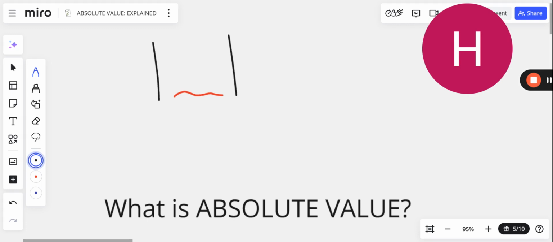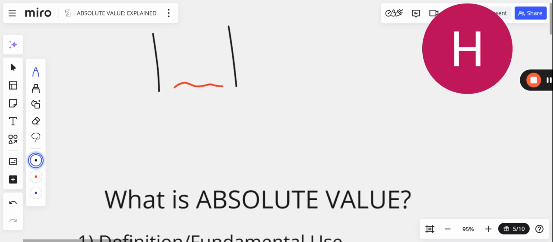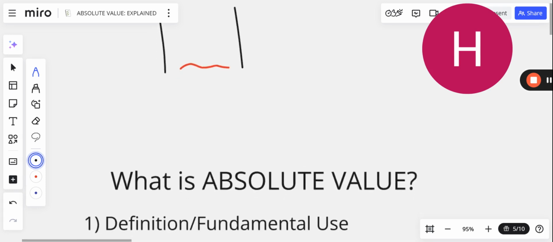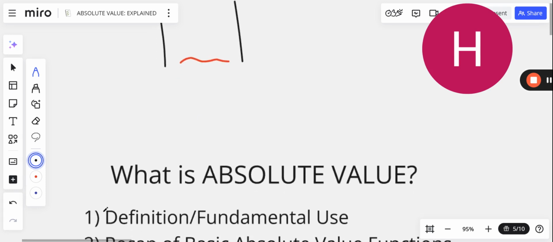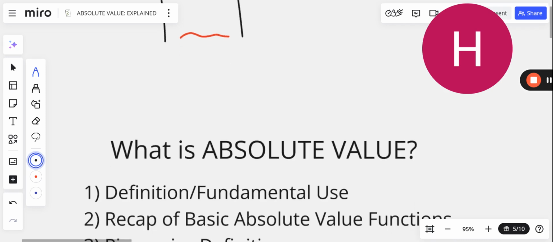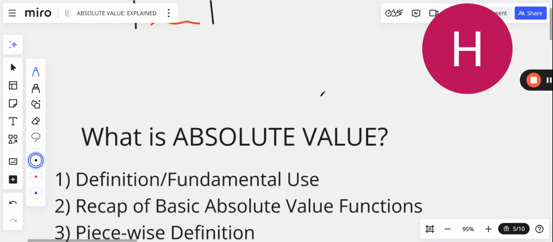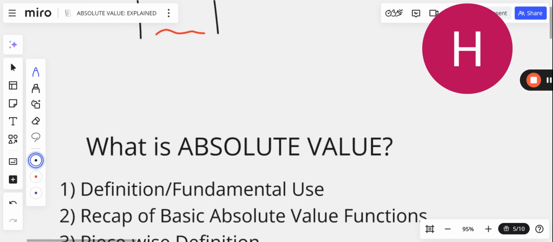So we're going to take a few stages of developing our understanding of the absolute value. First, we're going to look at the strict definition, the fundamental use of the absolute value operation. It's kind of like an operation. Then we're going to recap where you might have seen it, because you probably have seen it before, whether it's in Algebra 2 or Algebra 1, maybe even like a pre-calculus class.